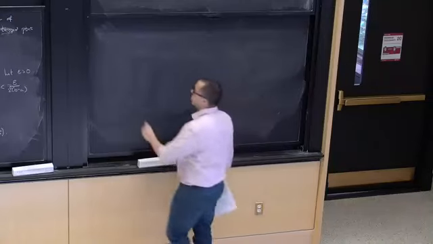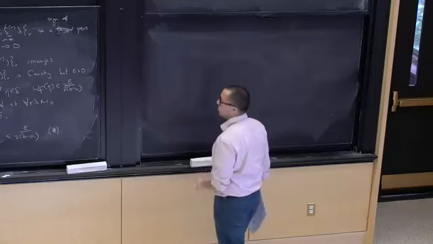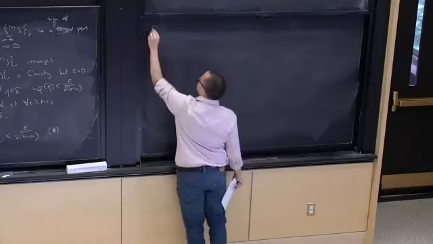Okay. So to show something's Cauchy, we have to now choose m. I'm going to choose m to be this m0.